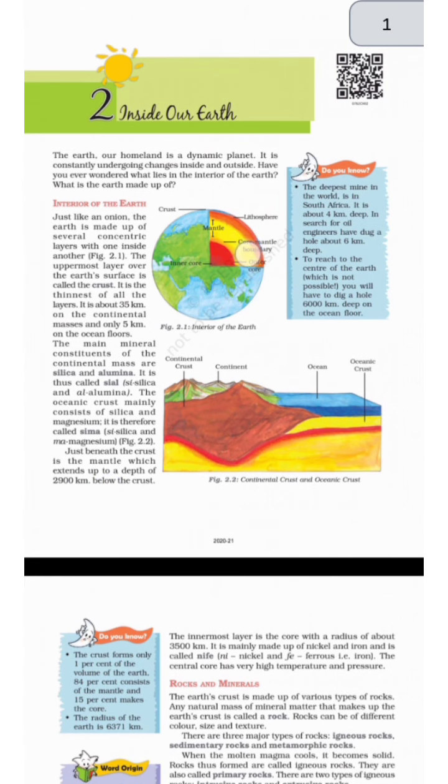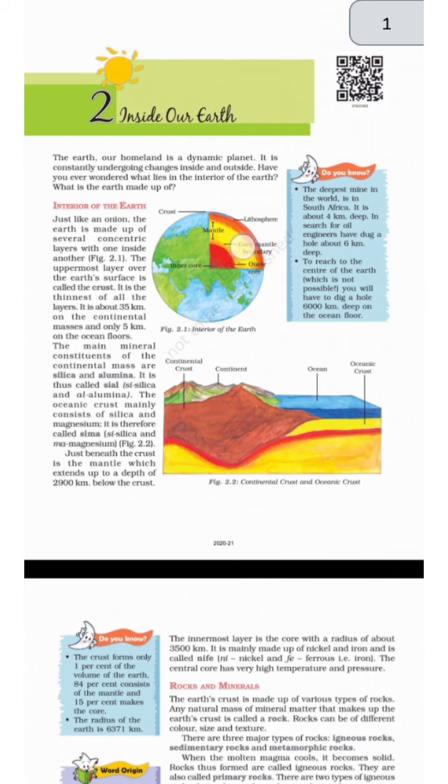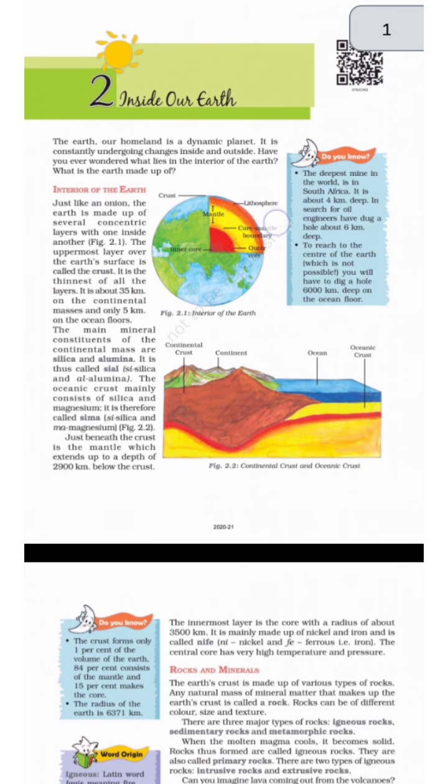This mantle layer is at 2900 km depth. And magma is present in this layer. When the magma is pushed through the holes in the crust, it will cause volcanic eruptions. When the magma present in the mantle comes out, it will cause the volcanic eruption.